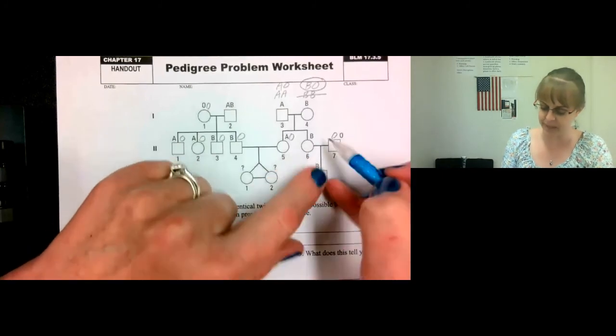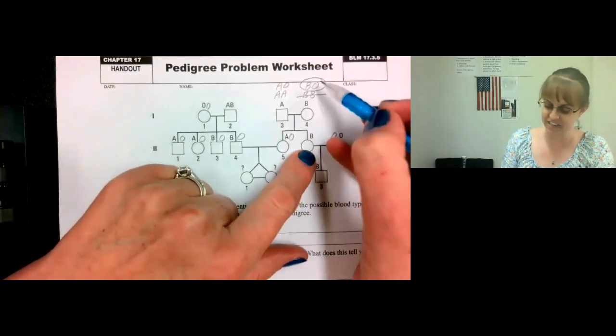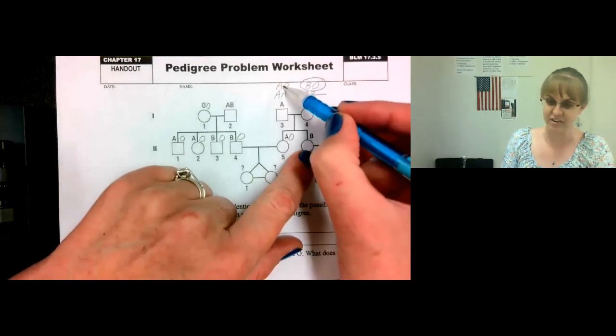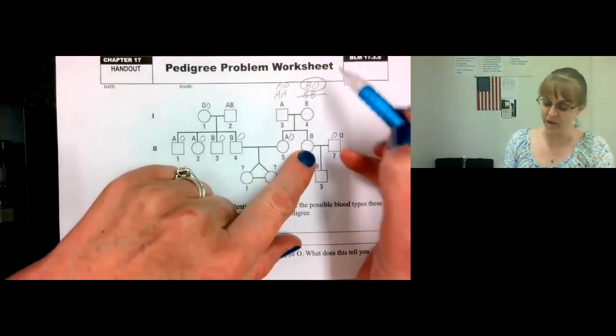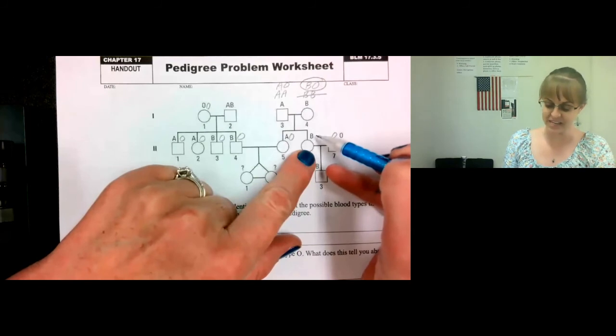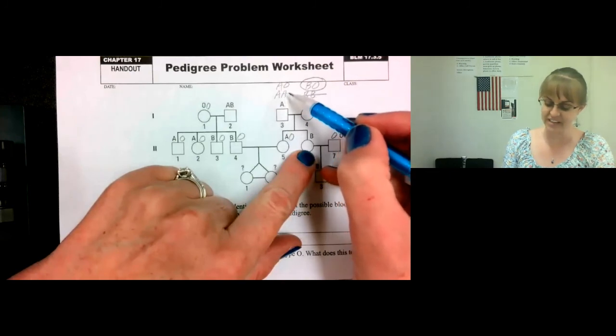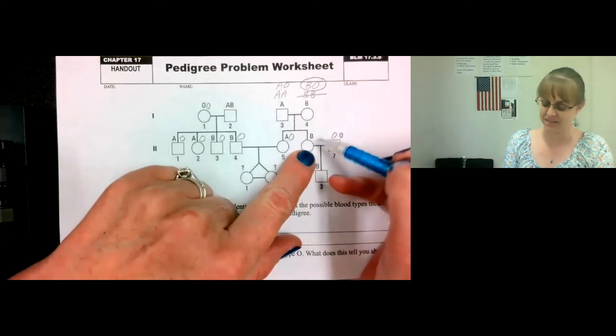Let's look at this kid. The B definitely came from the dad. The other letter came from the mom. What other letter does it have to be to let this be blood type B? Well, if she donated an A, this kid would be AB.